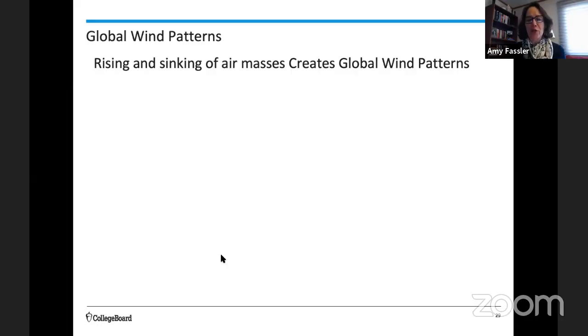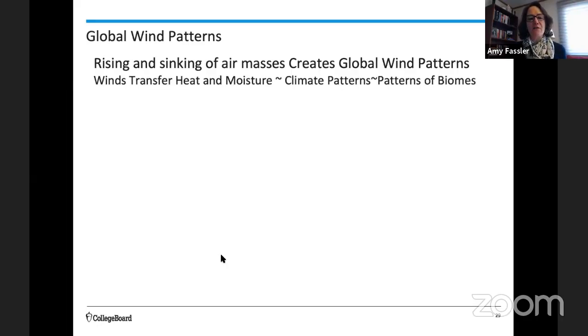So hopefully you're pretty good with this rising and sinking of air mass creating wind patterns. These wind patterns, you might remember, are big conveyor belts to transfer heat, but they also transfer moisture. What do I have when I have temperature and precipitation? I have climate patterns, and climate patterns determine patterns of biome distribution. So this is what I'm getting at.